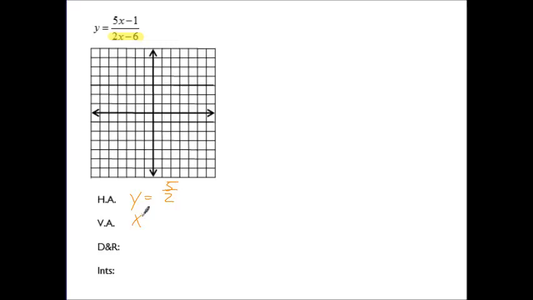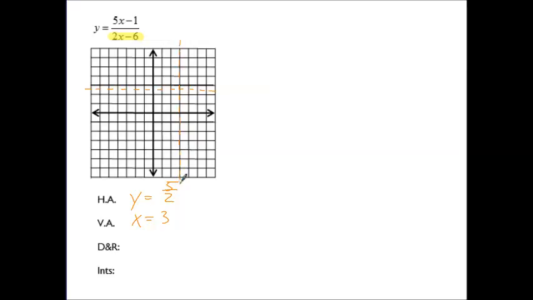So our vertical asymptote is x equals 3. Now let's go ahead and graph these. 5/2 is 2.5, so here is our horizontal asymptote, and our vertical asymptote is at positive 3.